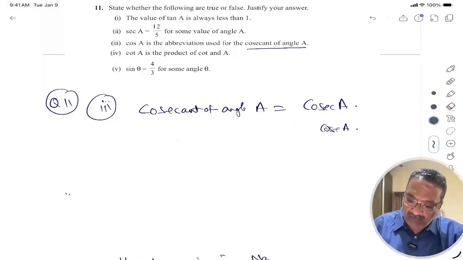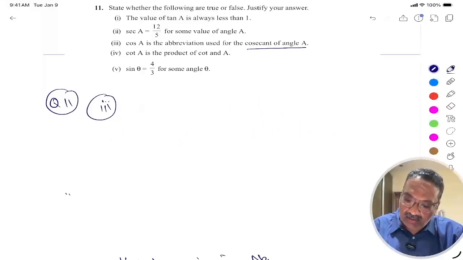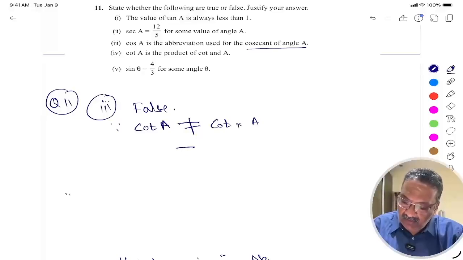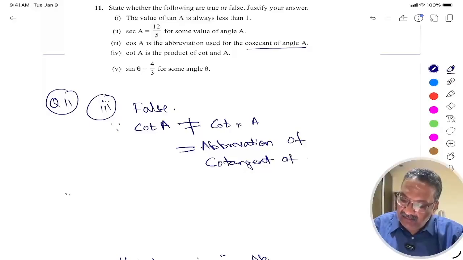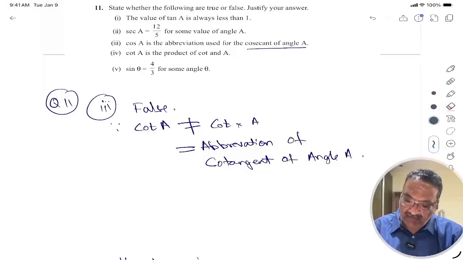Next, the fourth one: cot A is the product of cot and A. That is also false because cot A is not equal to cot into A. It is the abbreviation, the short form of cotangent of angle A.